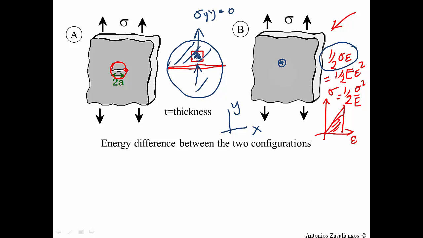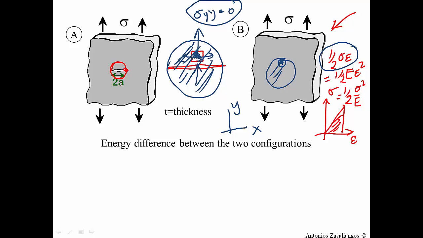So whatever elastic energy was there before is no longer there, because the stresses there are practically 0. I think it's easy to see why the vertical stress is 0. It's not easy to see why the horizontal stress is 0, although somebody may say, hey, there's no external horizontal stress. There is some horizontal stress there, but its presence is relatively small. So it is a good assumption that this area has no energy.